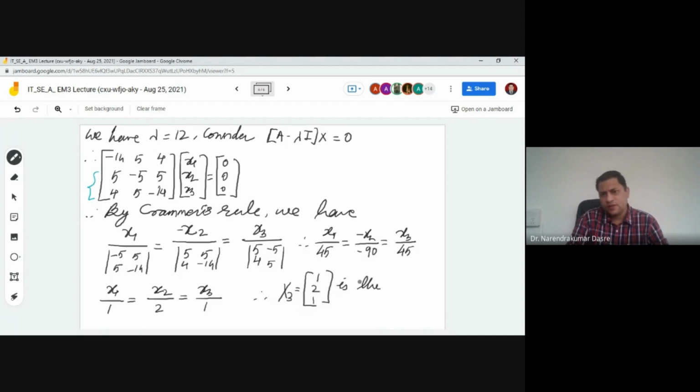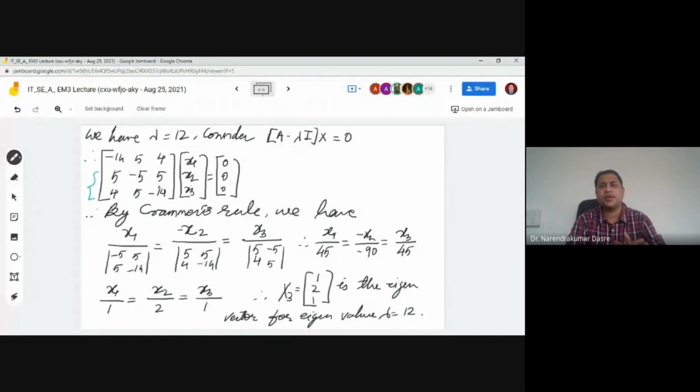So this is the eigenvector for eigenvalue lambda equal to 12. This way we can see that all the distinct eigenvalues have distinct eigenvectors.